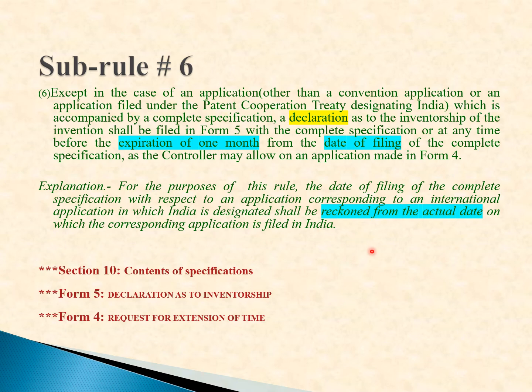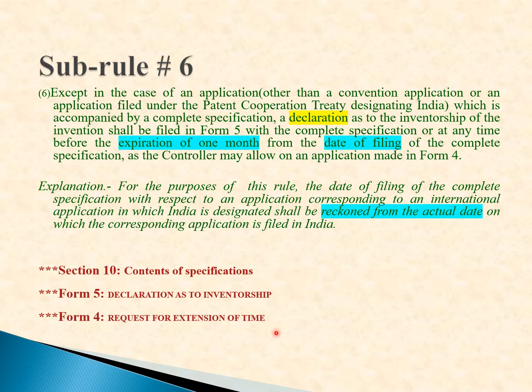So here the related section is section 10, contents of specifications. Related forms are Form 5, that is declaration as to inventorship, and Form 4 is for request for extension of time. Fine.